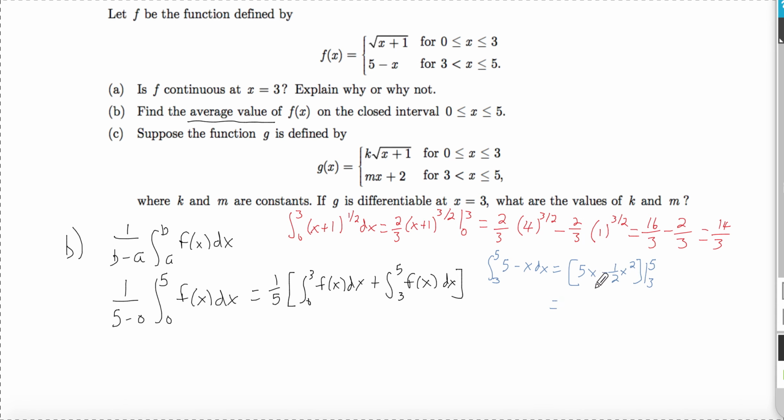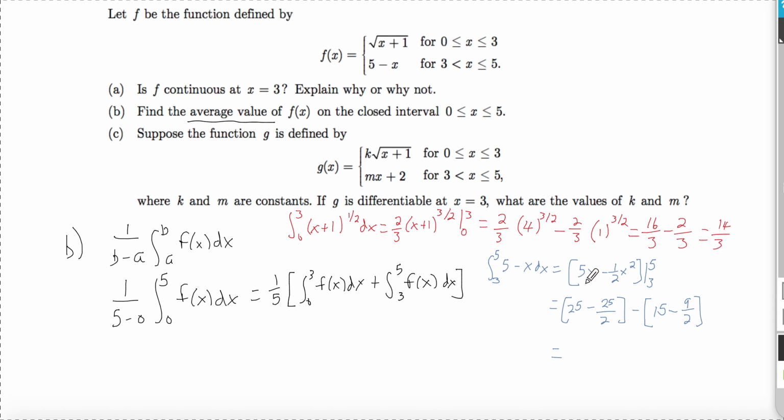So what is this going to give us? When I plug in 5, that's going to give me 25 minus, plug in 5, 25 halves. Minus what I get when I plug in 3, which is going to give me 15, minus 9 halves.